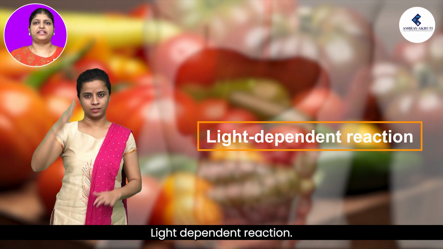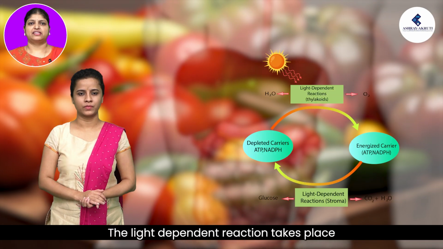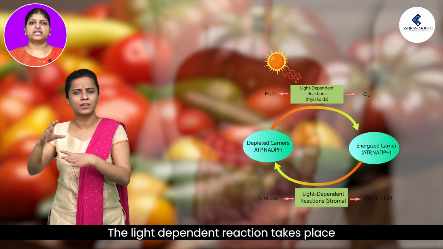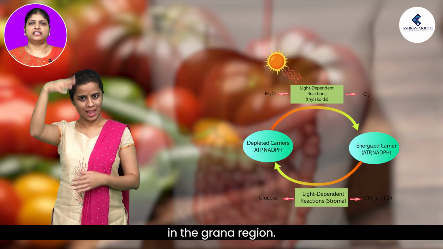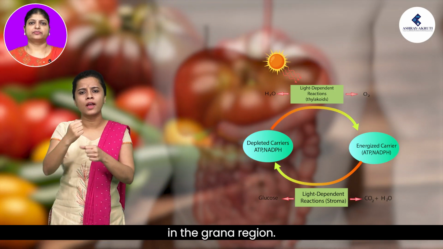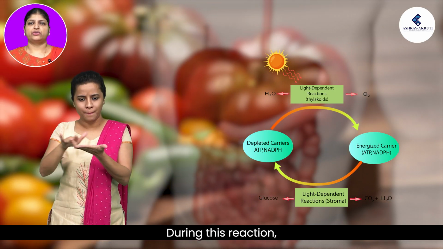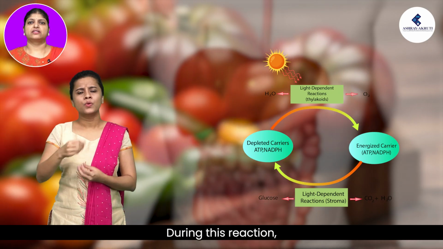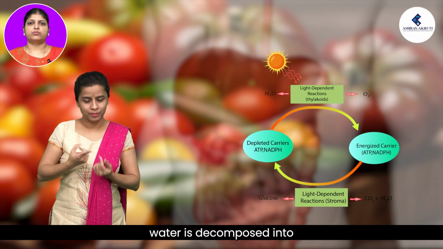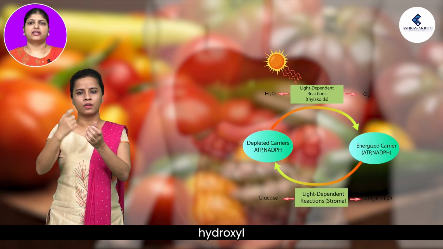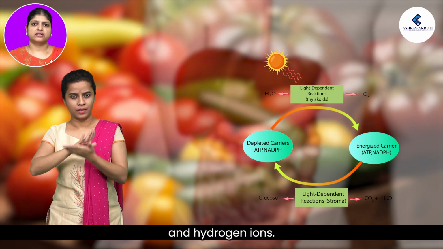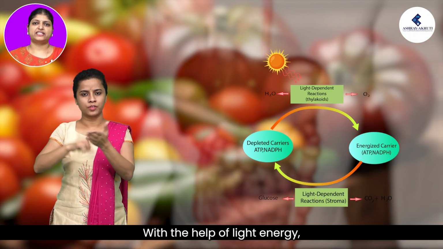Light dependent reaction. The light dependent reaction takes place in the presence of sunlight in the grana region. During this reaction, water is decomposed into hydroxyl and hydrogen ions with the help of light energy.